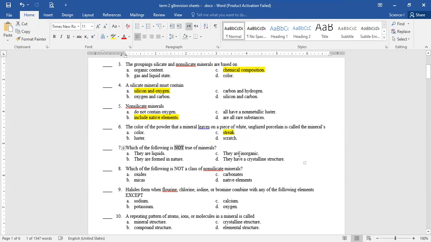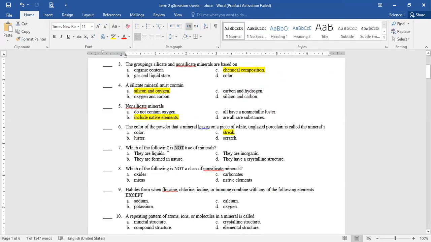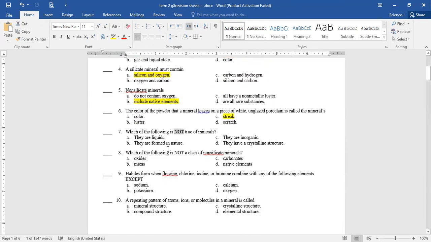So the mineral actually is inorganic. Mineral is organic? How? No, inorganic. The mineral is inorganic. The first question we already answered, which is not a characteristic of a mineral. It is a living material. It's not a living material. It's inorganic. It cannot be formed in a living organism.